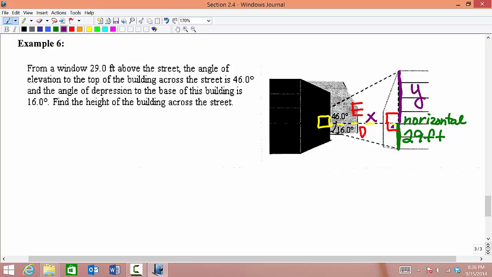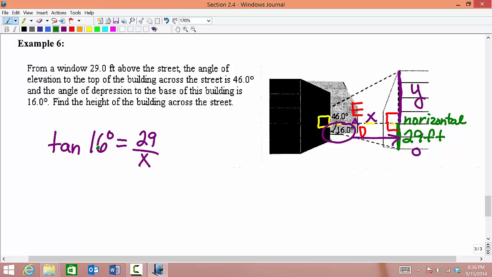So looking at our bottom triangle here, we have our angle 16 degrees, and from the perspective of that angle, I know the side that is opposite of it, and I know the side that's adjacent to it. So we're going to set up a trig equation. Tangent of 16 degrees is equal to the opposite side, so that would be 29, divided by the adjacent, which we don't know, we'll call that x.